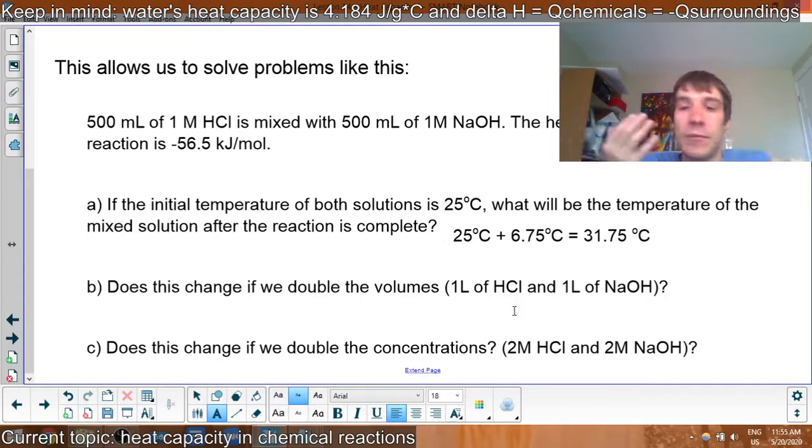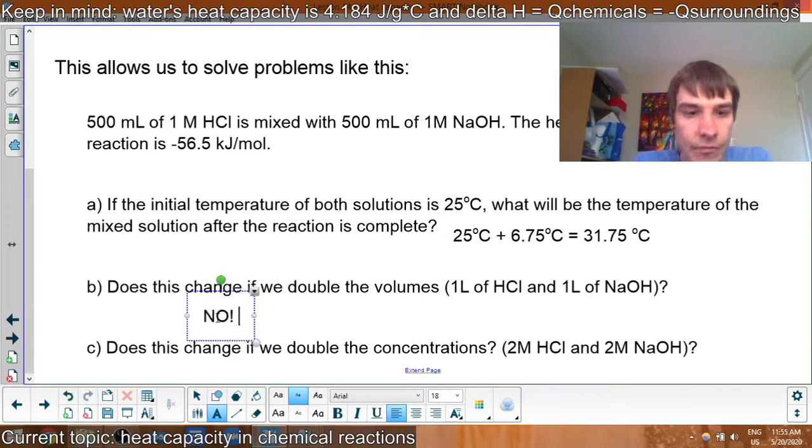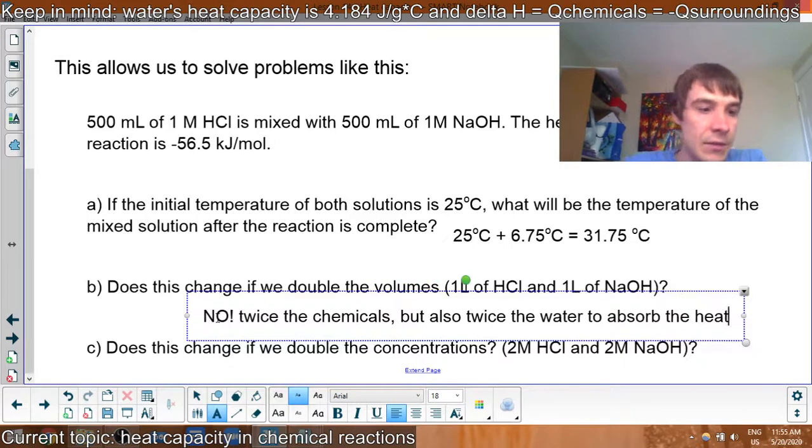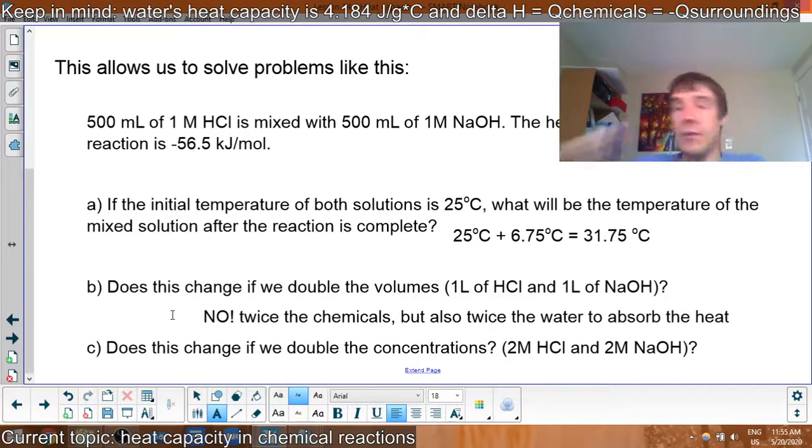That's going to cancel out. So no. We have twice the chemicals, but also twice the water to absorb the heat. So they cancel each other out.